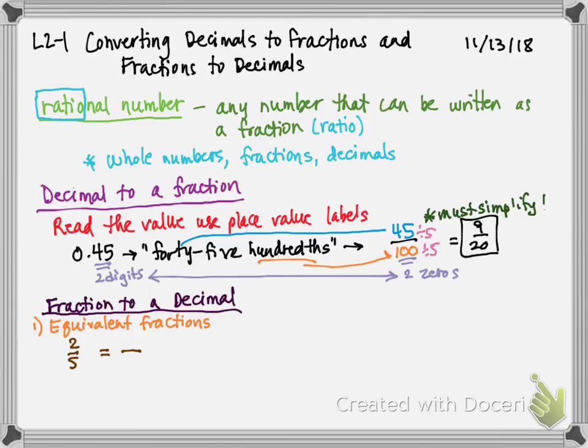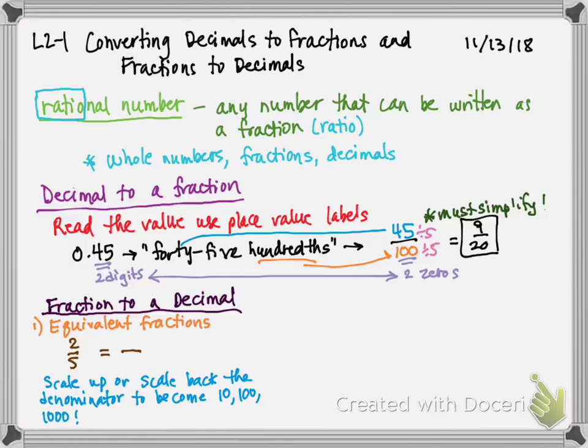So I'm going to write this underneath, and then we'll finish the problem. We're going to scale up or scale back the denominator, which is the one we're focusing on, to become 10, 100, or 1,000.